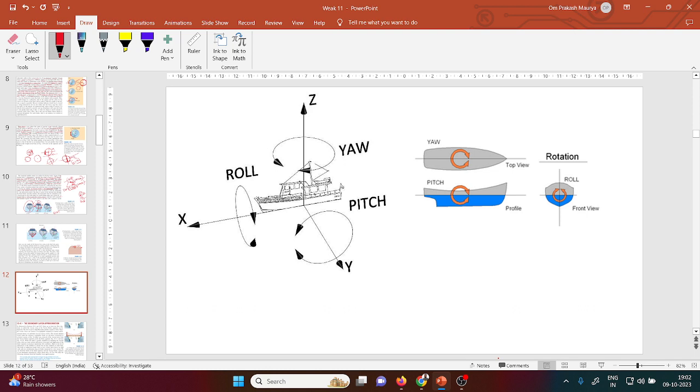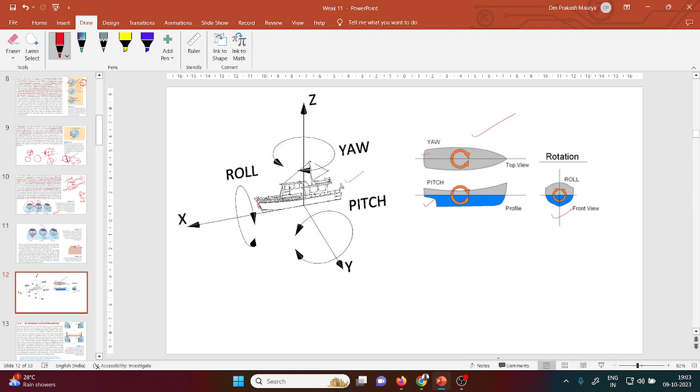If your body is rotating, here is also one figure. Let's suppose this is the body. This is the front view, as you see the body from the front. This is how it looks from the side, and this is how it looks from the top.